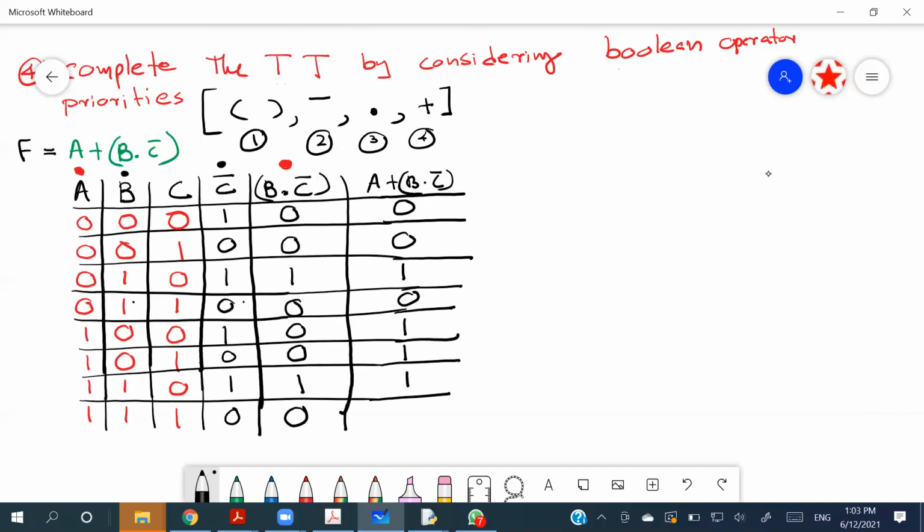And 1 plus 0 is also going to be 1. Let me check it again. So it's 1, 1, 1, 1, 0, 1, 0, 0. Yes, yes. So my truth table is completed.